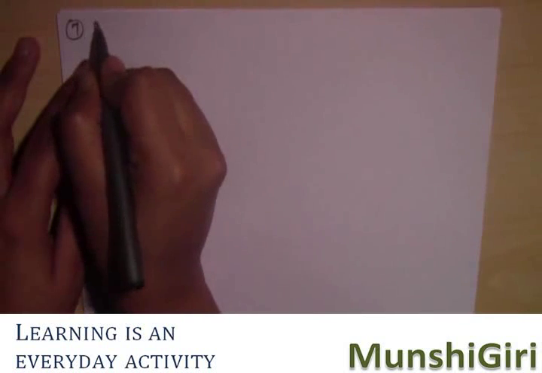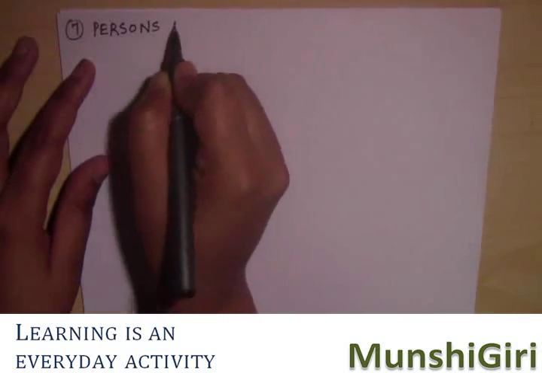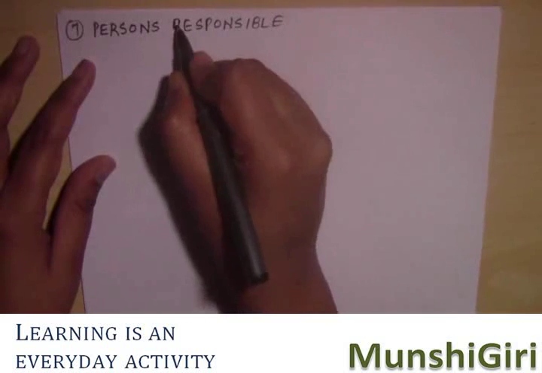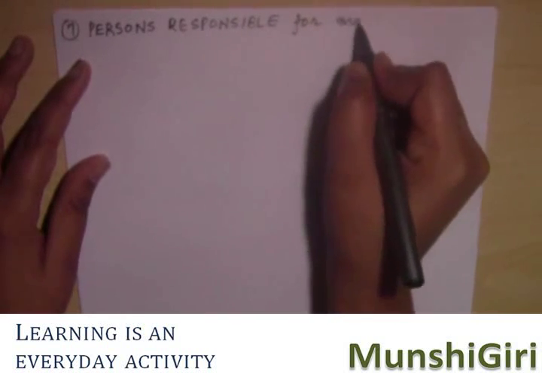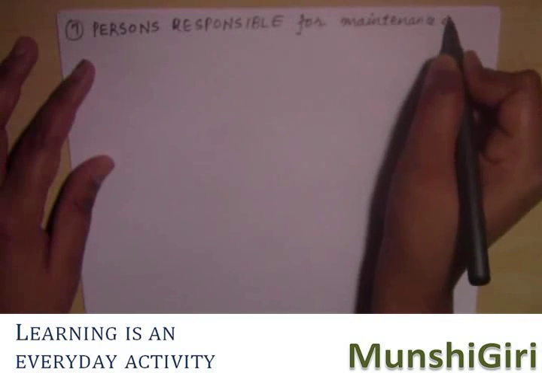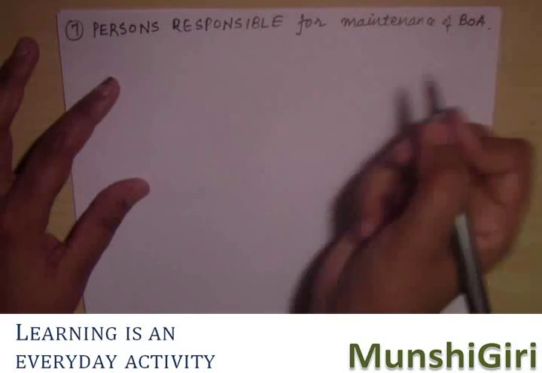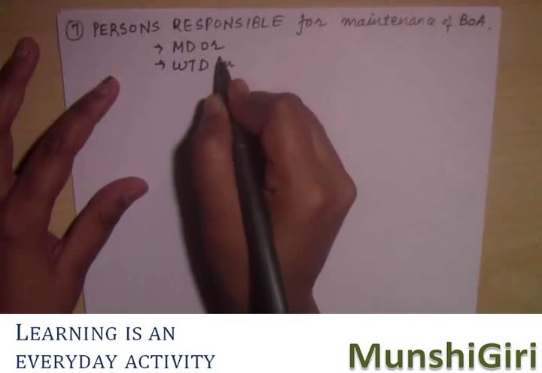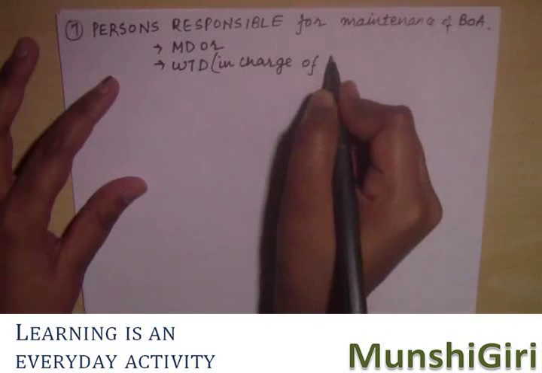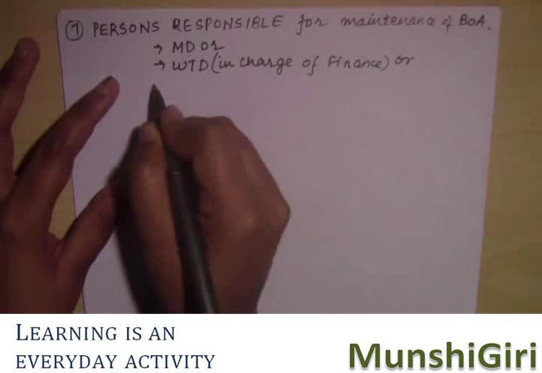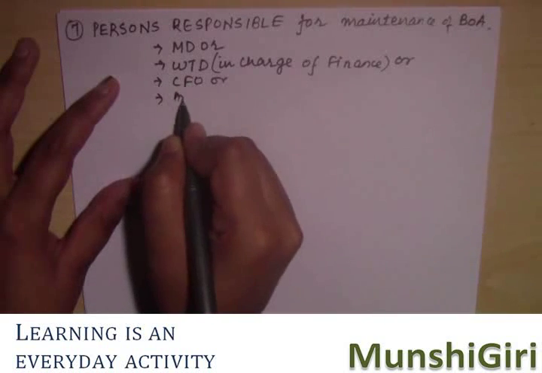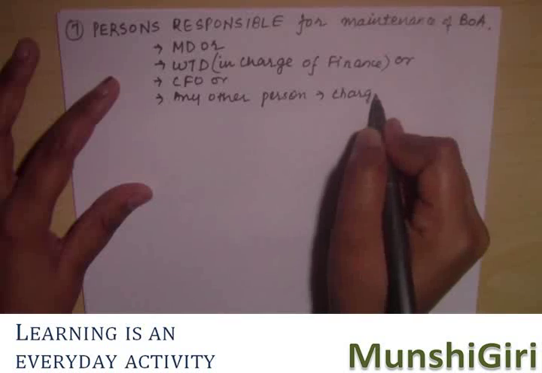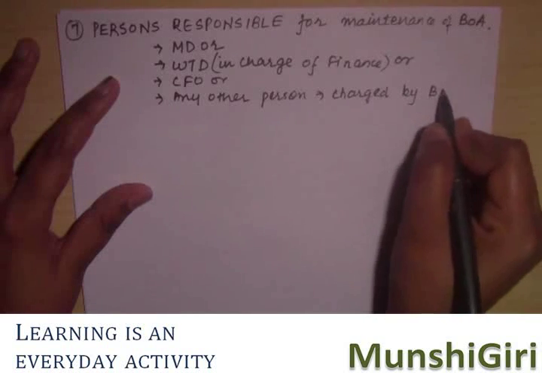Persons responsible for maintenance of books of accounts: the managing director of the company or the whole-time director who is in charge of finance, or CFO, or any other person of the company who is charged by the board with such duty.